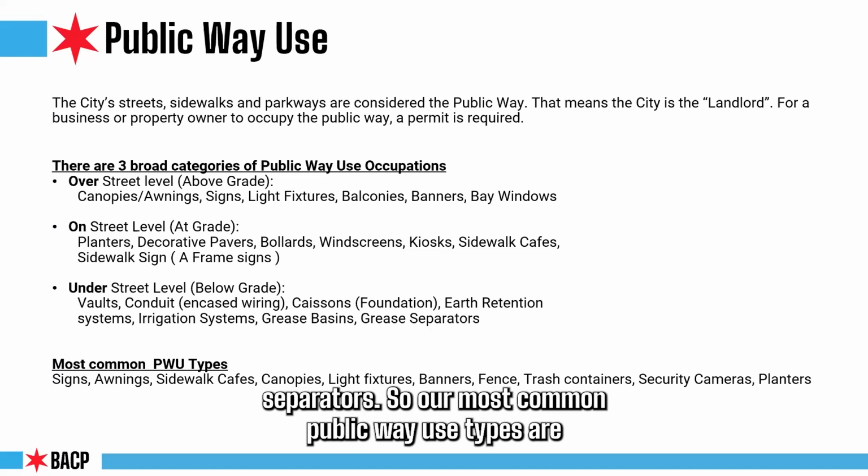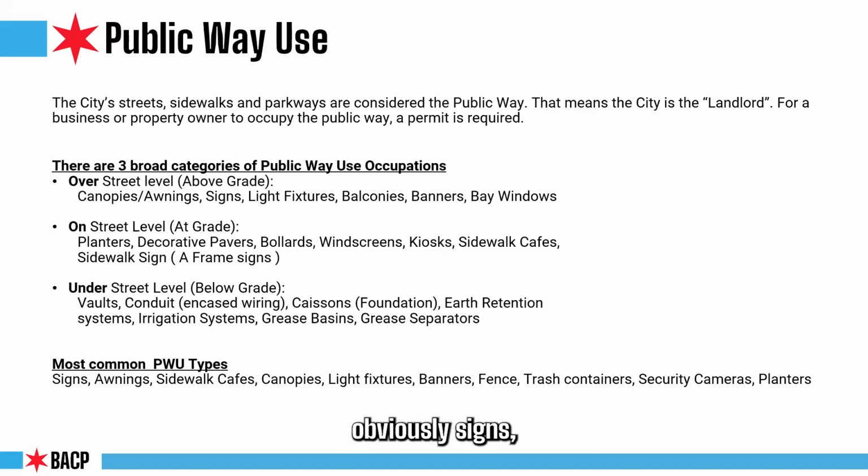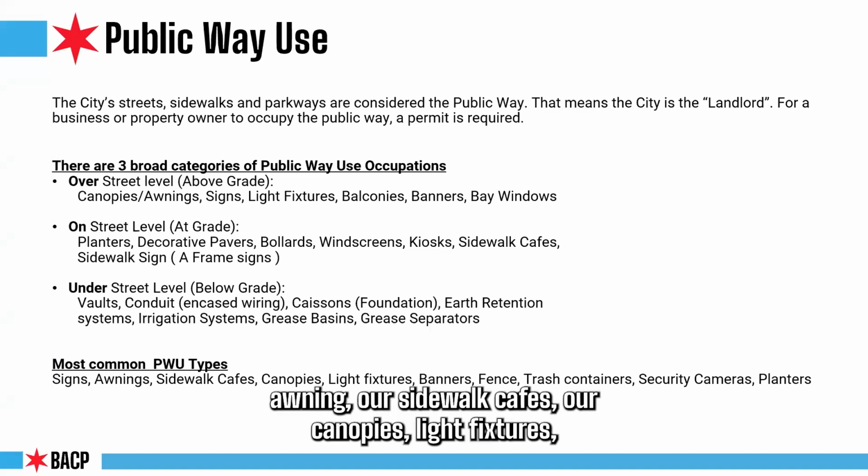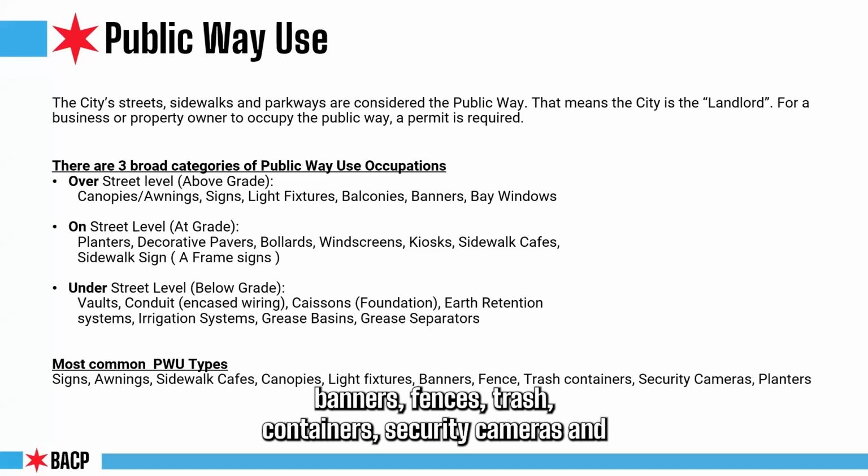So our most common public way use types are obviously signs, awning, our sidewalk cafes, our canopies, light fixtures, banners, fences, trash containers, security cameras, and planters.